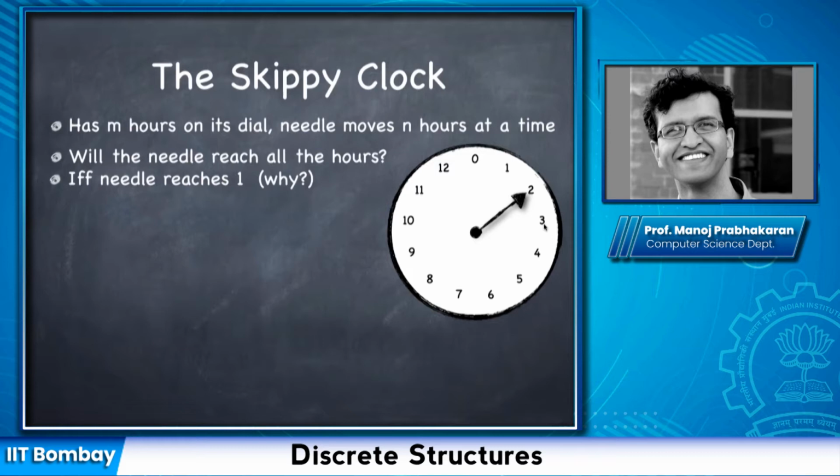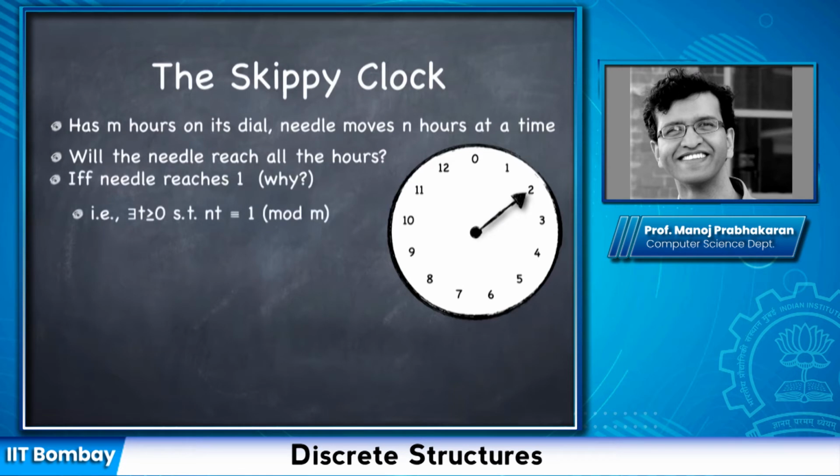So if I can reach 1, then I will be able to reach every one of those numbers eventually. So the question, will it reach all the hours, is exactly the question of will the needle reach 1.